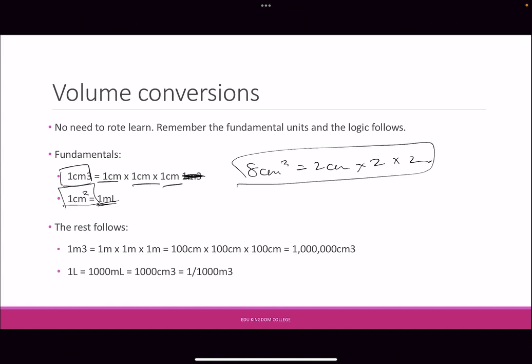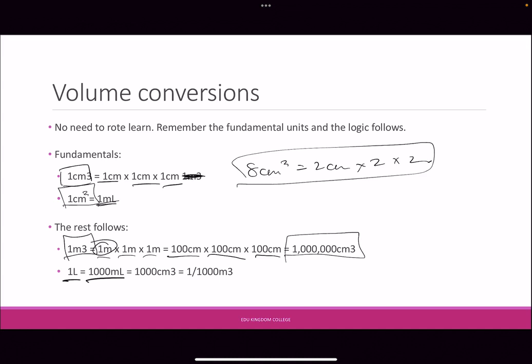When we're trying to convert things into meters cubed, 1 meter cubed equals 1 meter times 1 meter times 1 meter. We know a meter is 100 centimeters, so it's 100 centimeters multiplied by itself 3 times. So 1 meter cubed is 1 million centimeters cubed. Now, 1 liter equals 1,000 mils.